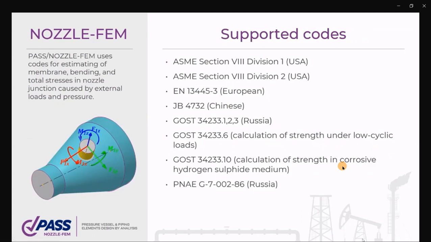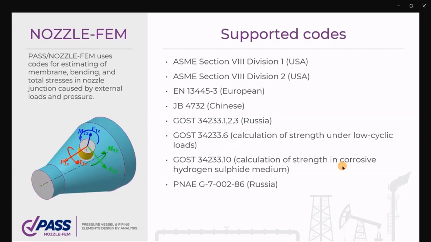Supported codes. You see different codes for estimation of stresses: ASME, EN, GB, GOST, PNAE. It should be noted that the received stresses don't depend on the codes. Only estimation is carried out according to the norms.